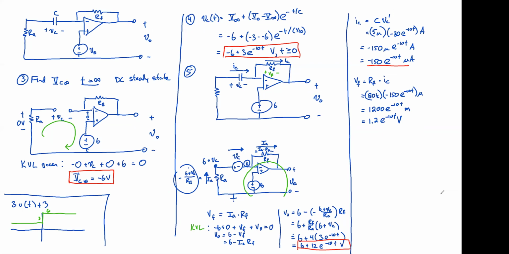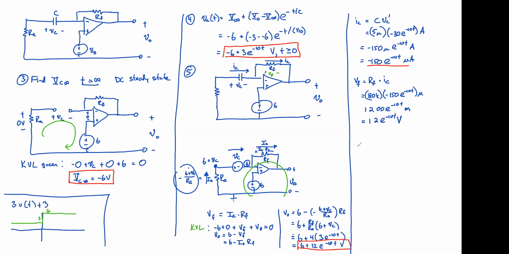Yeah. Now that we know what RF is, somehow I've done, oh, no, it's equal to 12,000. Which makes this 12.